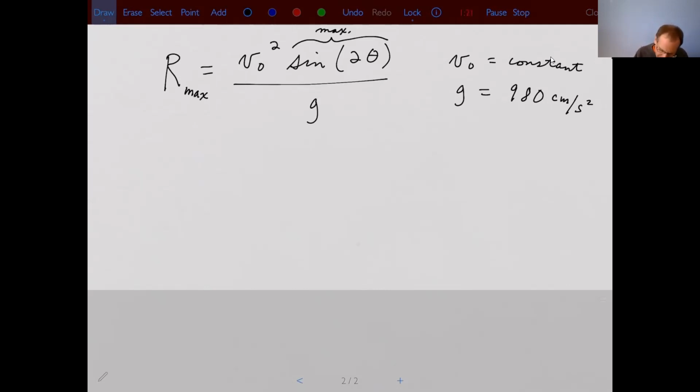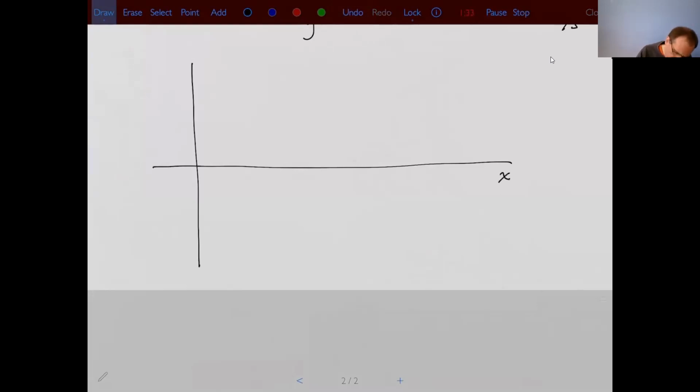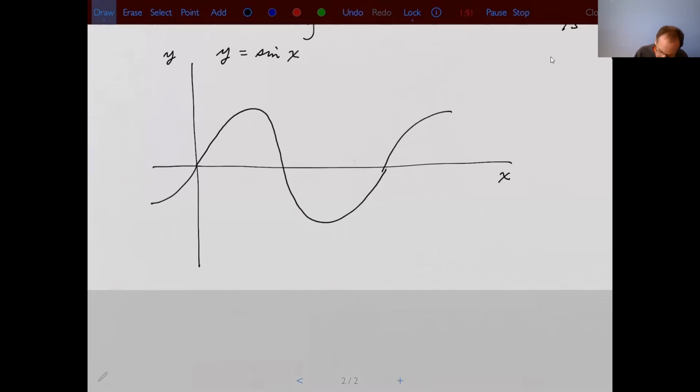If we graph sine, let's say I call this axis X and this axis Y, and I want to graph y equals sine of x. It's going to look something like this. It starts at 0, and then it oscillates. Of course, it goes on forever in both directions, but I'm just going to consider one oscillation from 0 to 2 pi.